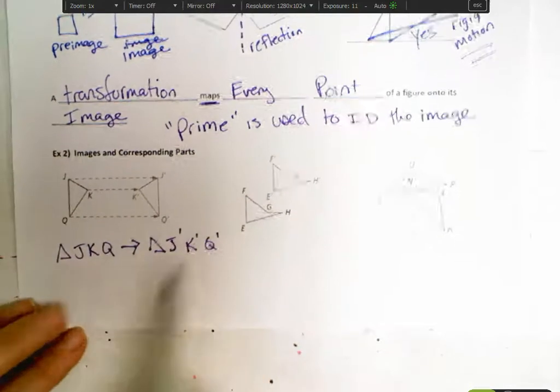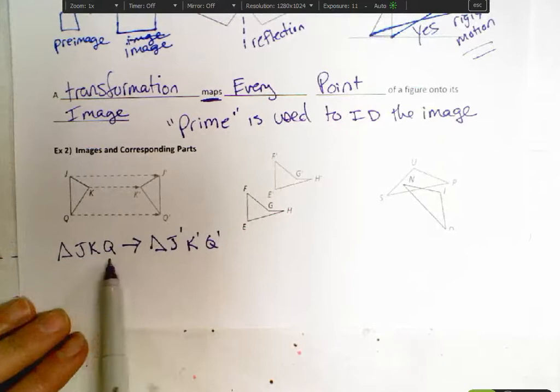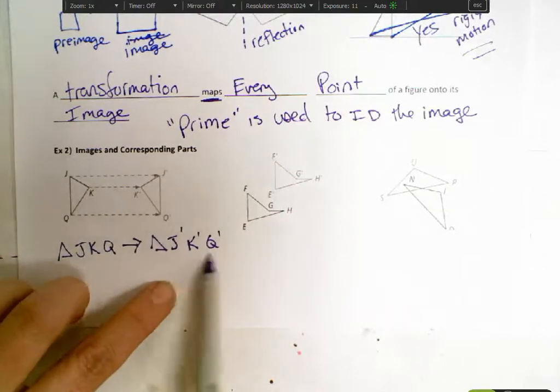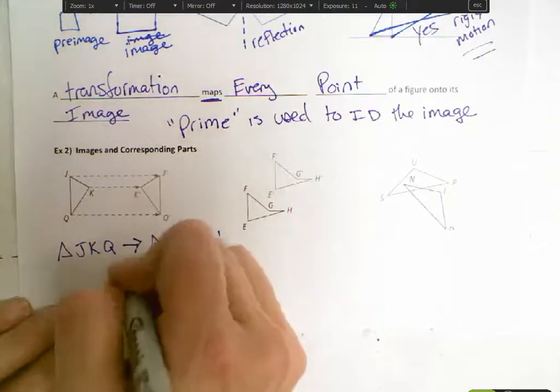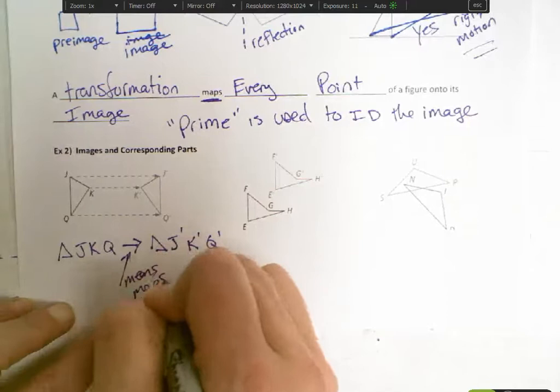Prime is that little hash mark that goes behind it. So if I were looking at just this, I would know that I had a regular old triangle JKQ and I did some sort of transformation that got me to the prime of each of those points. This little arrow here means maps to.